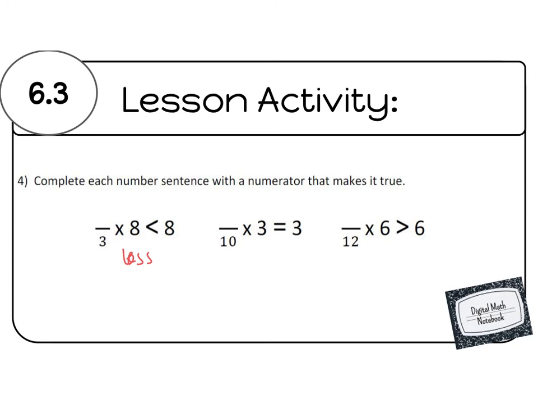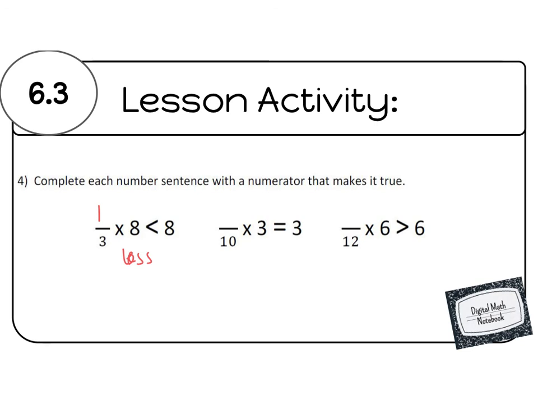So if we think of less, we're going to get smaller. We need a number less than 3. So 1/3 would do the trick, or 2/3 would do the trick, but 3/3 would be too much because that would be equal to 1, and anything more than 3 would make it get larger. So it has to be less than 3.